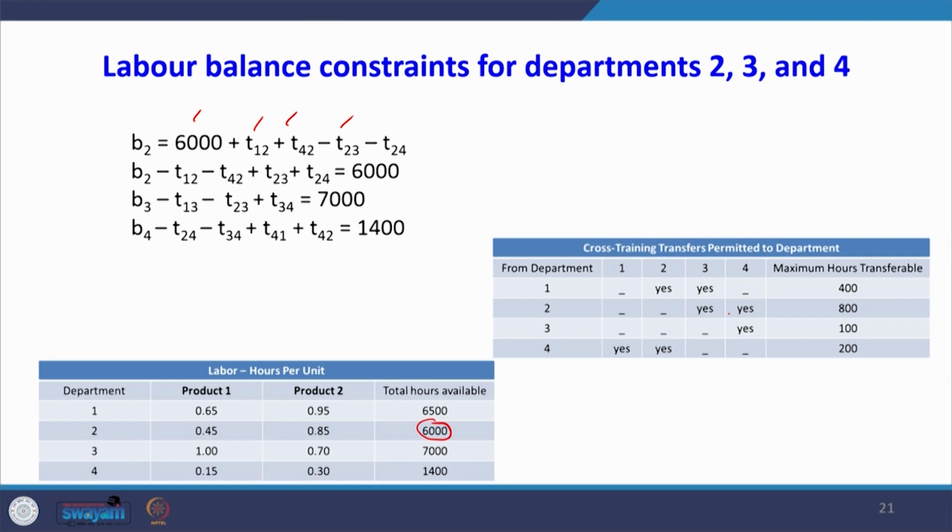Similarly, T24 is also minus. So, now when you simplify, this is B2 minus T12 minus T42 plus T23 plus T24 equals 6000. Similarly, by looking at the total hours available in department 3 and 4, we can write the equations for departments 3 and 4.